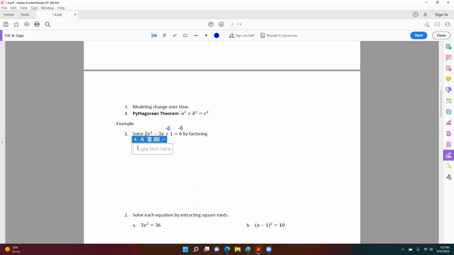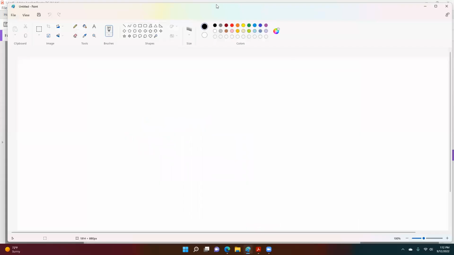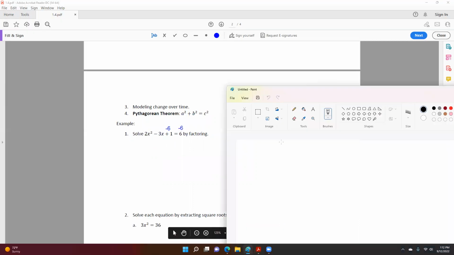Let me write this down in the pane here so you guys can see it clearly. The first question is to solve by factoring. We have 2x squared minus 3x plus 1 equals 6.